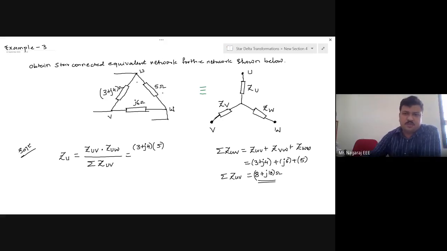Now, in a complex number representation, I know that the complex number representation Z is equal to R plus or minus Jx.